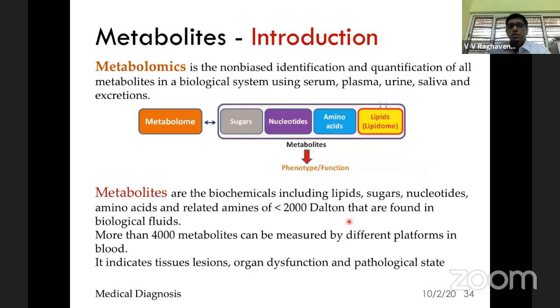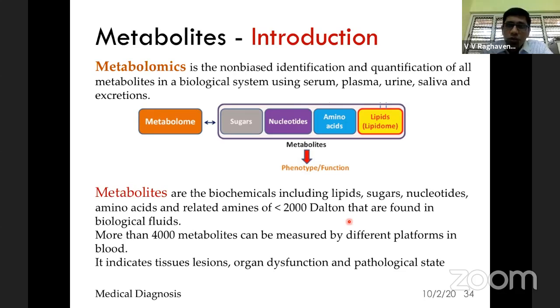So metabolites. What is a metabolite? The entire spectrum of food that we take inside is metabolites, and the air we breathe is also metabolite, right? And the pollutants that we take are metabolites.